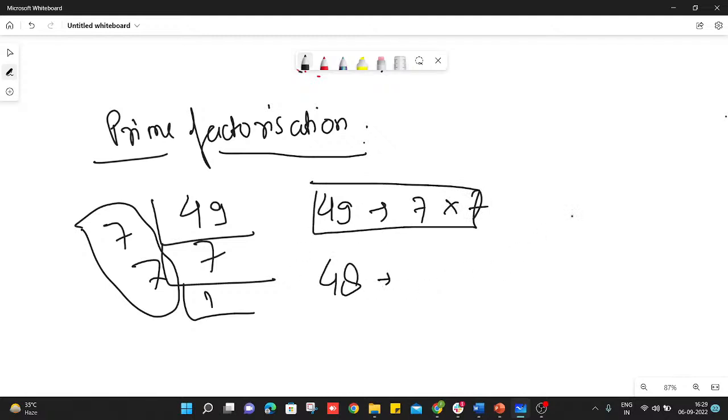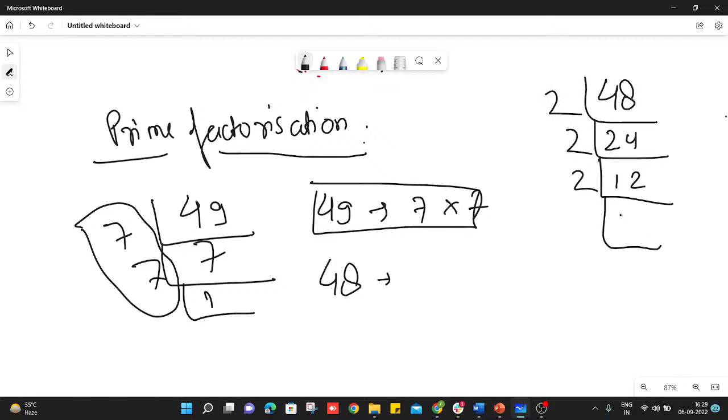48. Let's do 48 over here. Divide by 2, 24. As long as we have an even number, we will always divide by 2.